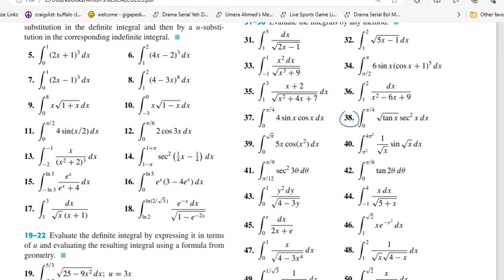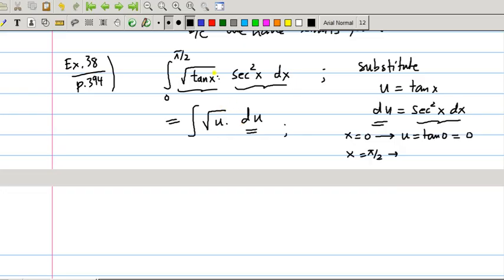Pi by 4, right? The reason I realized that it should not be pi by 2 is because tangent pi by 2 is not defined. Tangent pi by 2 is infinity. So that's why I was confused. It is tangent pi by 4, which is 1. You can use a calculator. Tangent pi by 2 will not be any answer. Okay, tangent goes to infinity when x is pi by 2.